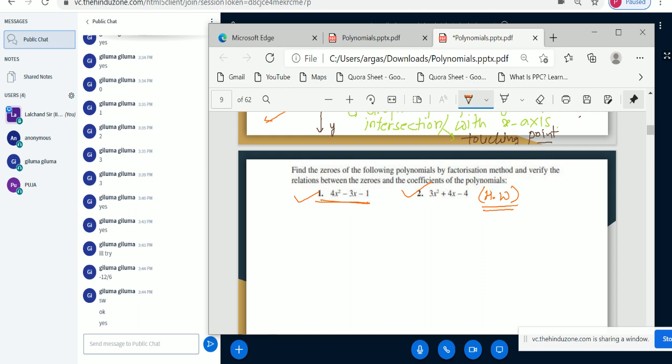The first step is to find zeros. To find zeros, we simply equate that equation to 0, isn't it? Are you familiar with factorizing methods like middle term splitting or not?